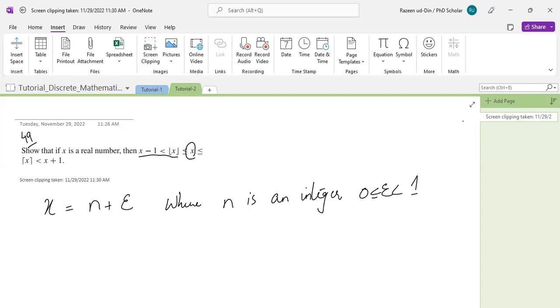Since we are writing x as n plus epsilon, it means that n must be less than or equal to x, right?